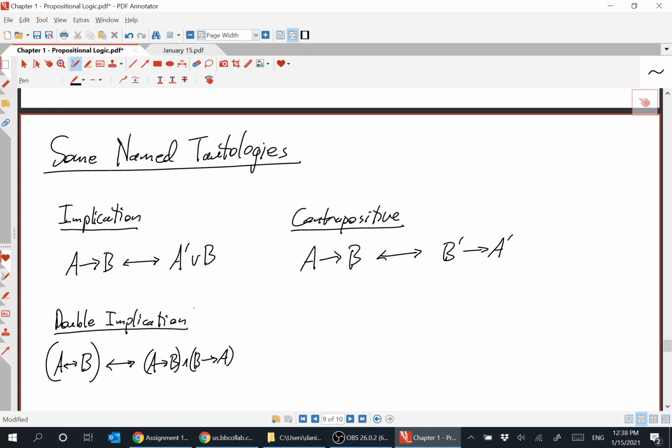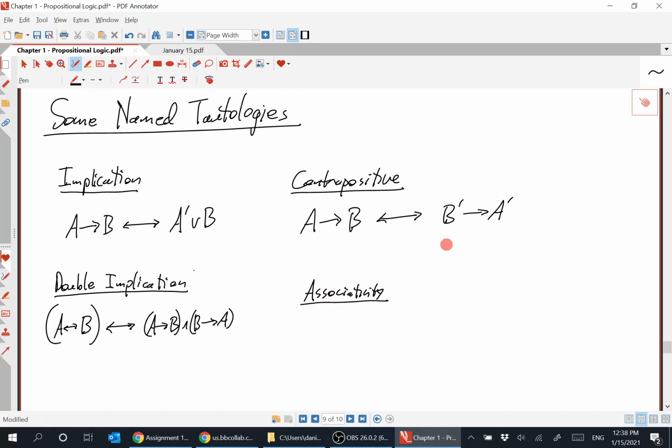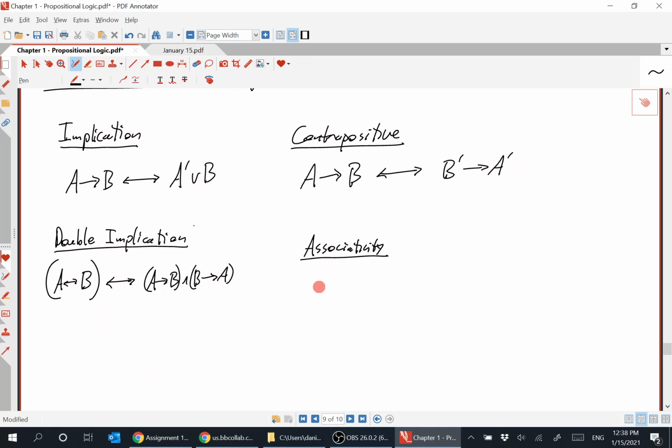Right. What's next? Associativity. We already talked about that. So associativity is that (A or B) or C is logically equivalent to A or (B or C). Same thing with conjunction. And this is only with conjunction and disjunction. It doesn't work with the other ones.